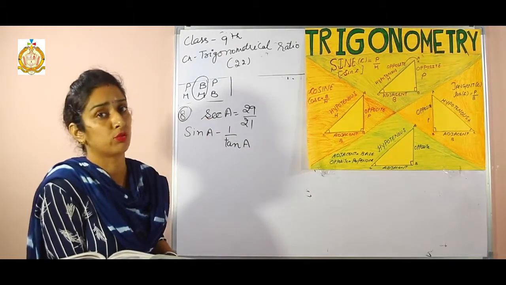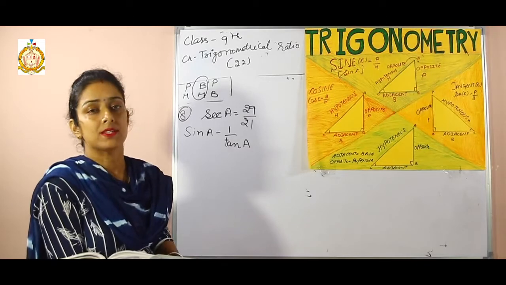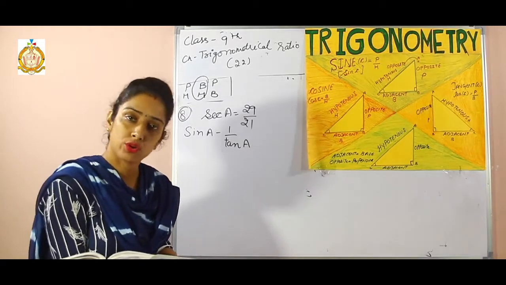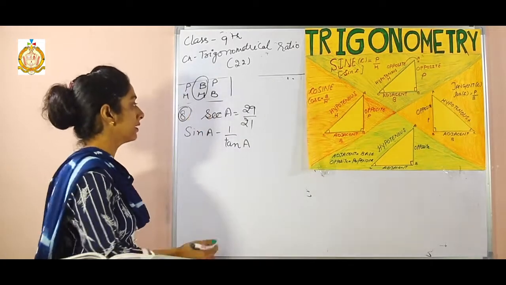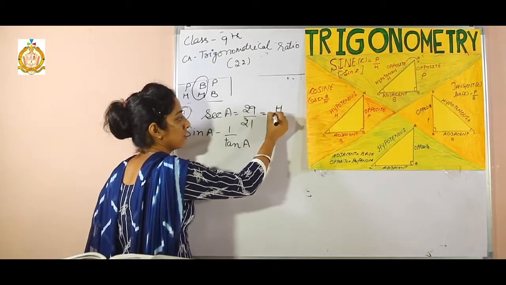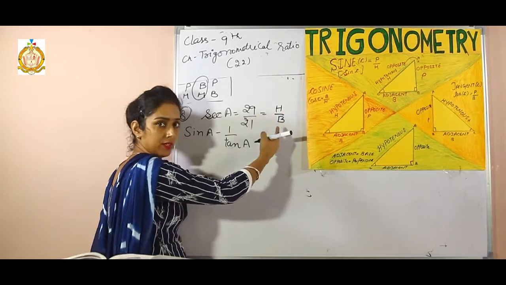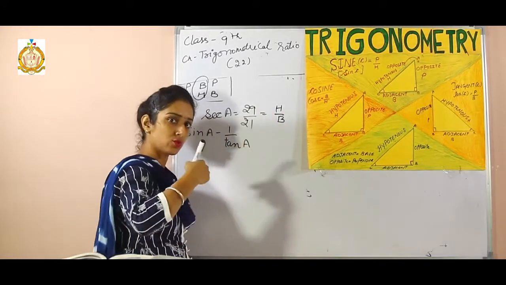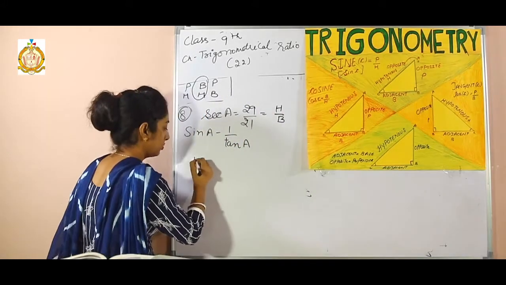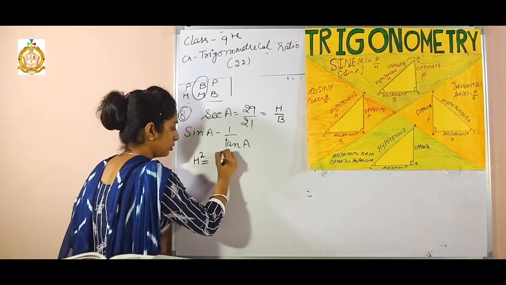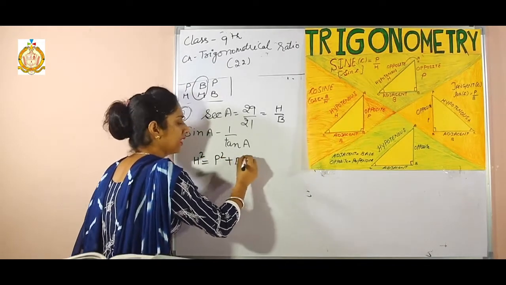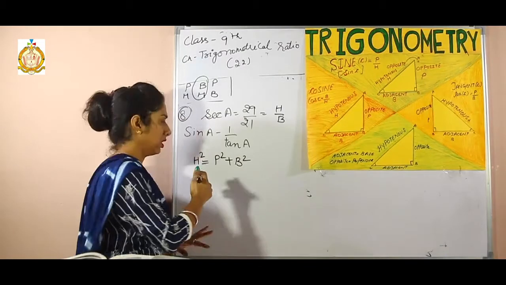Now how do you have to find it? See students, secant theta is the opposite of cos theta. Means this is equal to h over b. Means h is given and b is given. We have to find the perpendicular. Now we apply the same formula again and again, right?